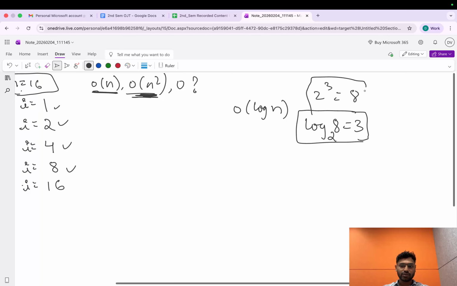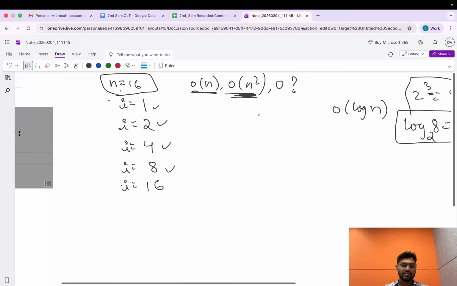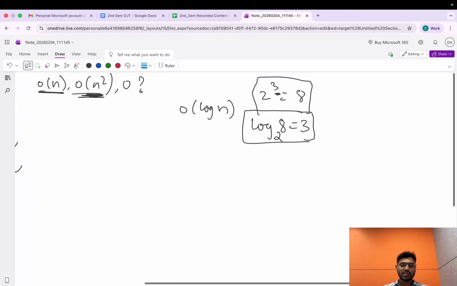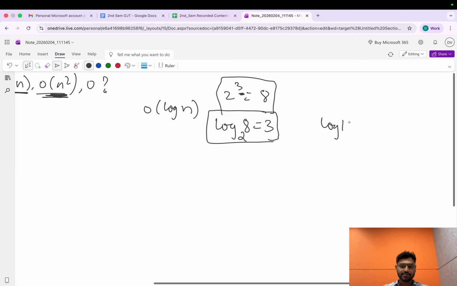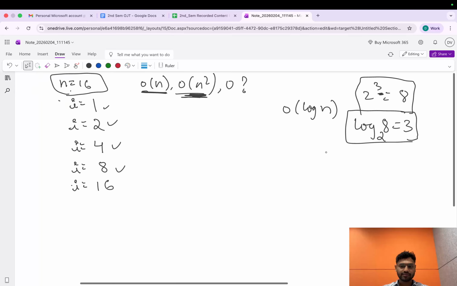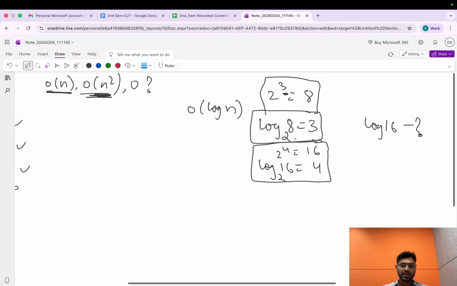If 2 power 3 equals 8, log 8 to the base 2 is 3. So here, what is the value of log 16? 2 power 4 equals 16. Log 16 to the base 2 equals 4, right?